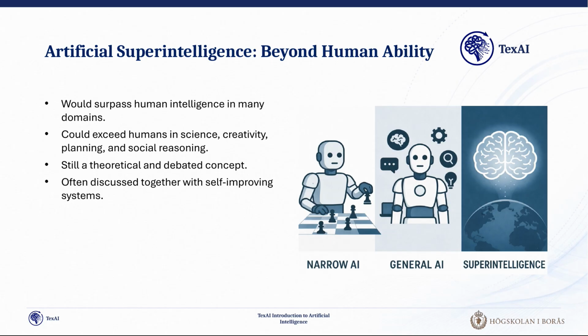Artificial superintelligence is not something we currently have. It is a theoretical concept used in discussions about the possible future development and risks of artificial intelligence. It is often connected to the idea of self-improving systems, where an artificial intelligence system could improve its own abilities and thereby accelerate further development.